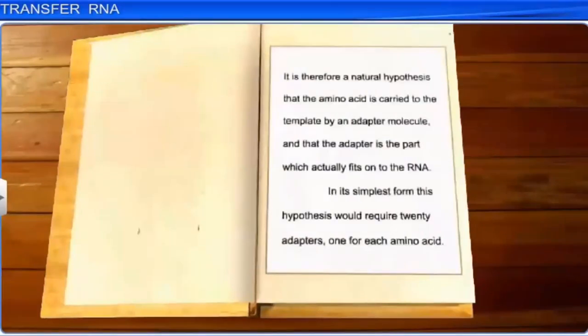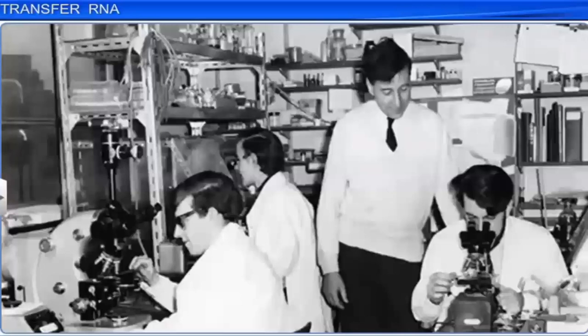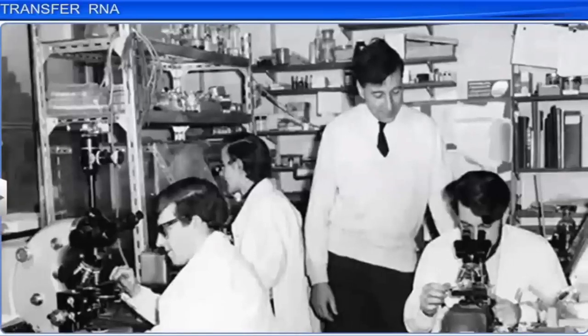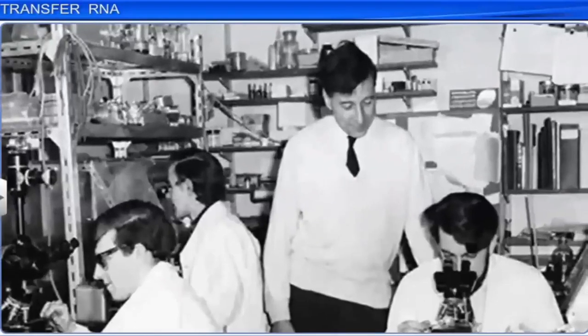In its simplest form, this hypothesis would require 20 adapters, one for each amino acid. Soon after Crick published his hypothesis, scientists across the world worked to find this mysterious adapter molecule that adapts itself to carrying an amino acid and reading the codon of mRNA.